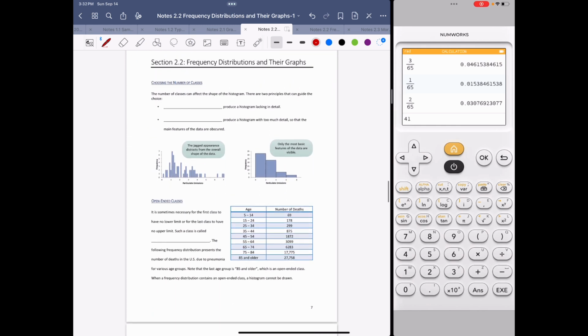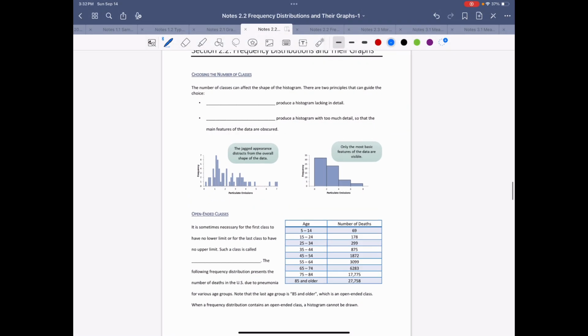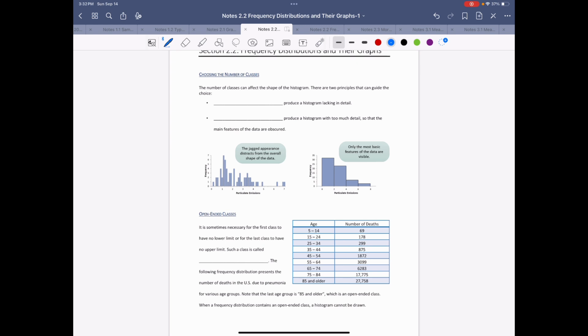Now, when you choose the number of classes, there's no set rule for the number of classes. The number of classes can affect the shape. Too few classes produce a histogram that's lacking in detail.